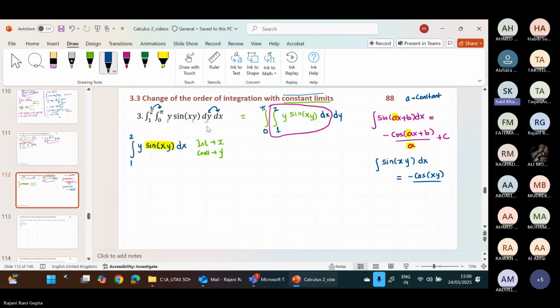Divided by x. Correct. Because, see, you are integrating with respect to x. Y is a constant. So y is, in other words, a coefficient of x. So you have to divide by, sorry, not with x, with y.